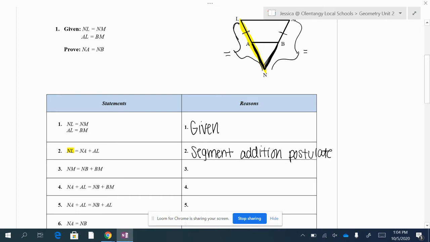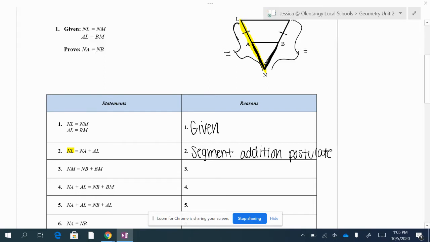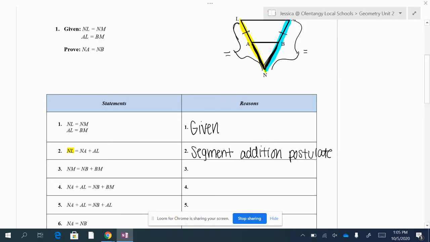Okay, and then we have NM is equal to NB plus BM. Well, NM is this whole segment right here, and we are breaking that up into NB plus BM. So again, that is the segment addition postulate.